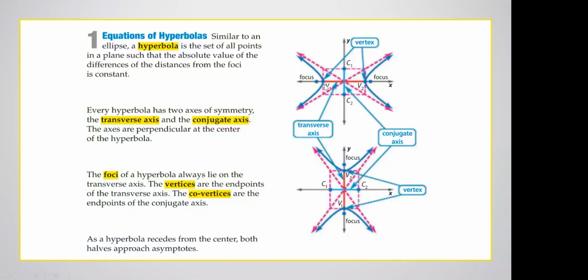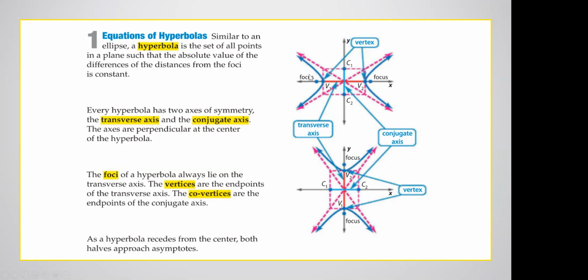And these are just a couple of examples of what you would call the parent function of a hyperbola. So this is a horizontal hyperbola, where the vertices and the foci are along the x-axis, and this would be a vertical hyperbola, where the vertices and the foci are on the y-axis, okay?